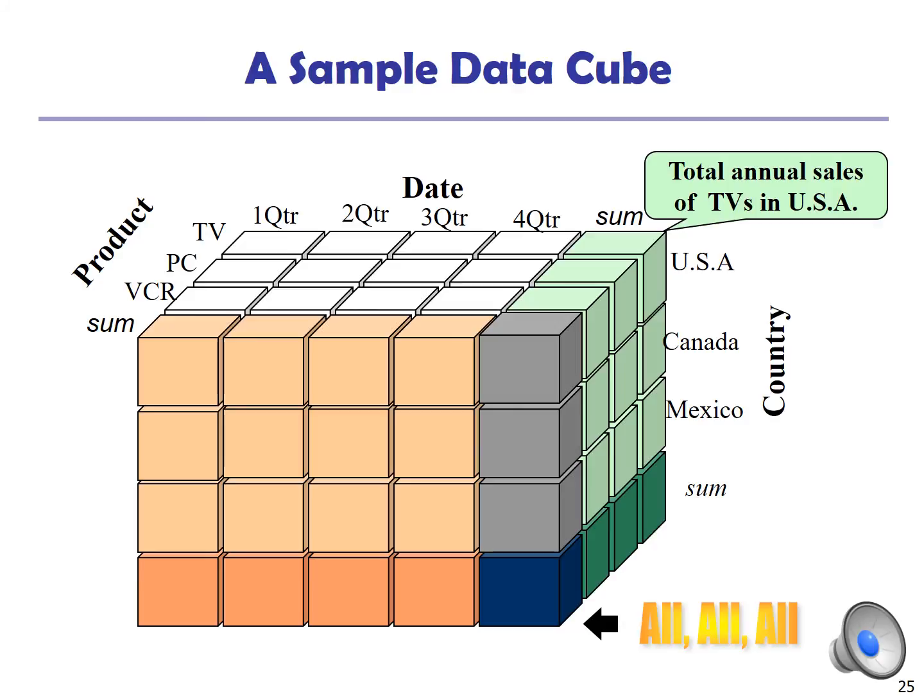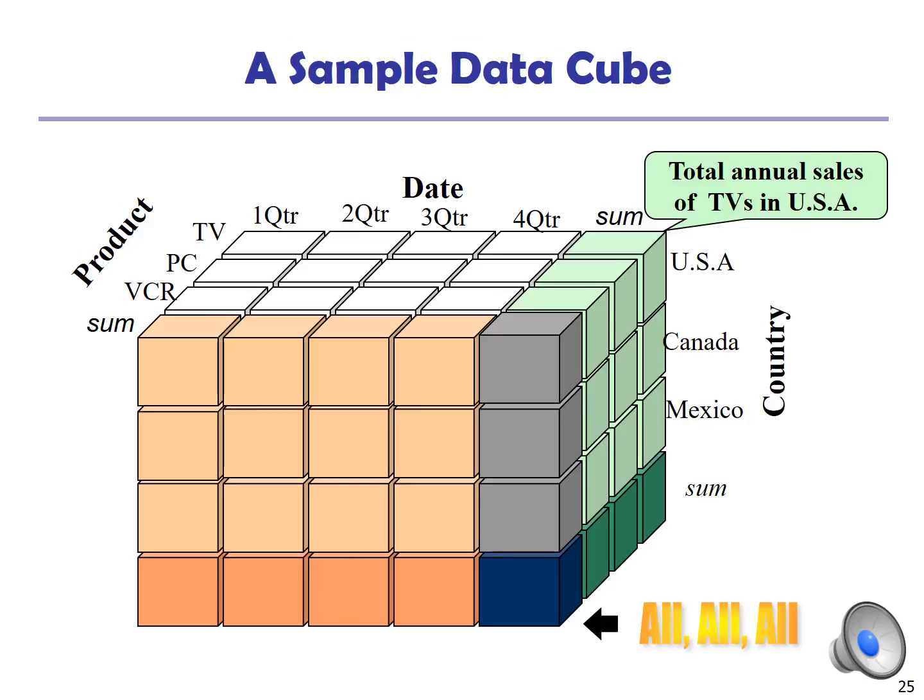So here is an example of a sample data cube. So you have three dimensions, and you have product on one dimension, you have date on the other, and you have country. So basically the product gives you the sales per product, okay? Date gives you the sales per quarter, right?